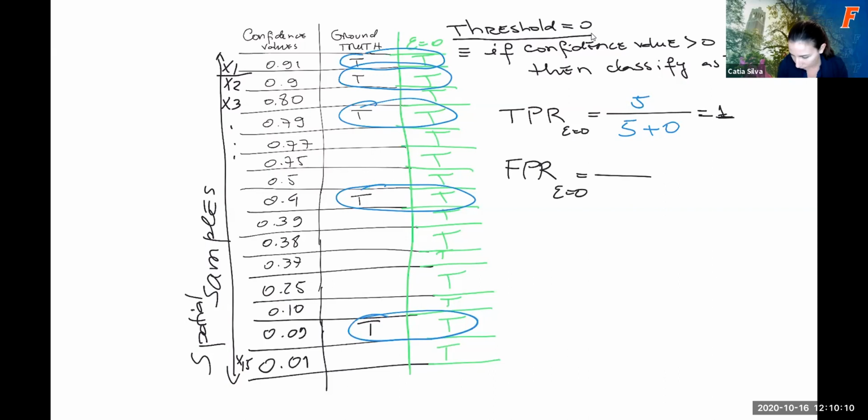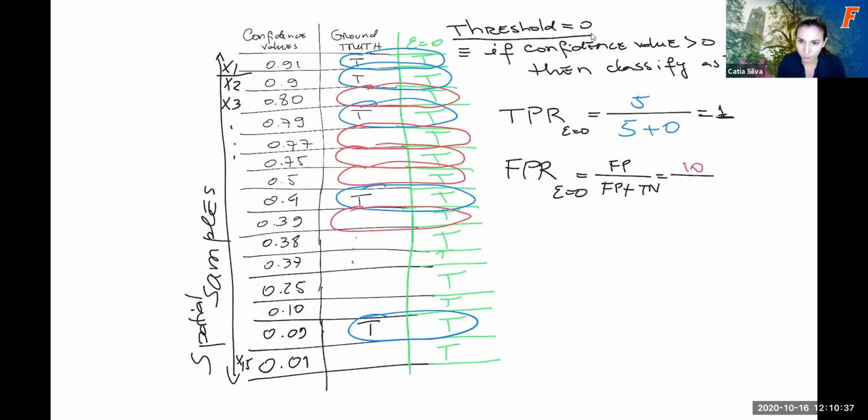Again, FPR is false positives divided by false positives plus true negatives. So what is the false positive count? It's everything that was classified as a target but doesn't have a target. Those are going to be 10 of them. And the true negatives, we have 0.